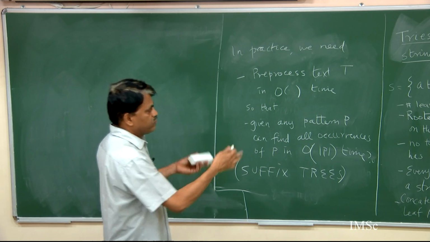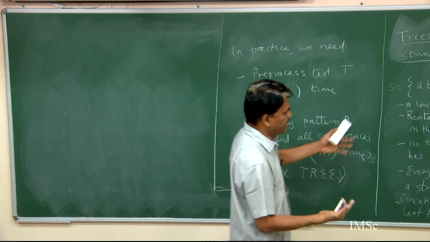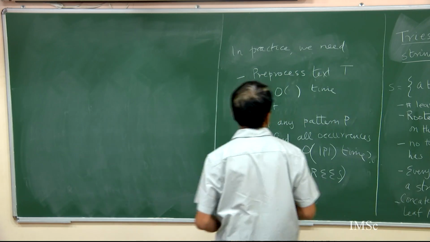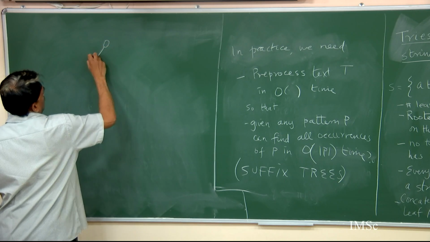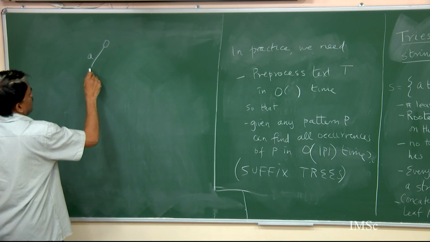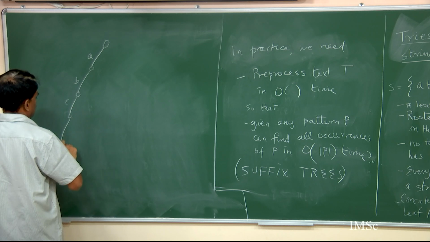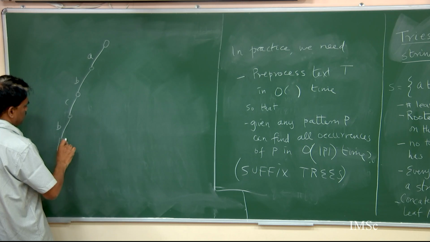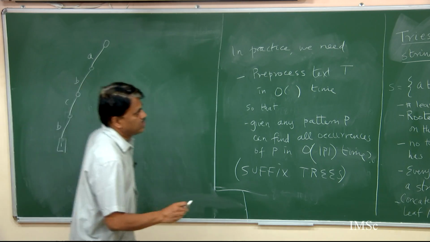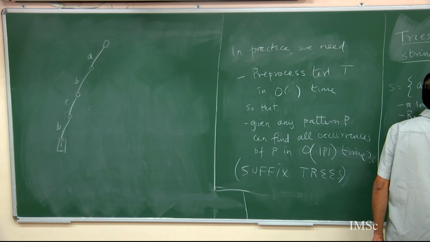So for example, a trie. Given all these conditions, there is a unique trie, and a trie for this set would look like this: I have a root, then A, B, C, D, and this corresponds to string number 1. So let's say 1, 2, 3, 4, 5.